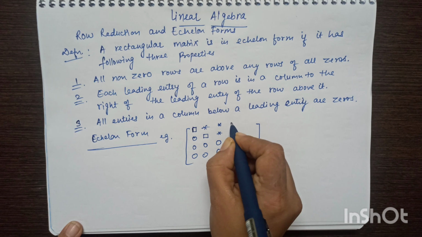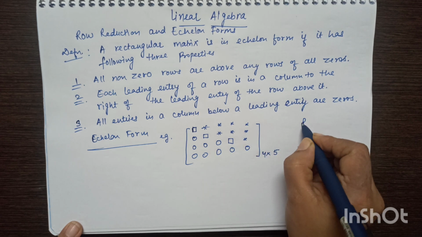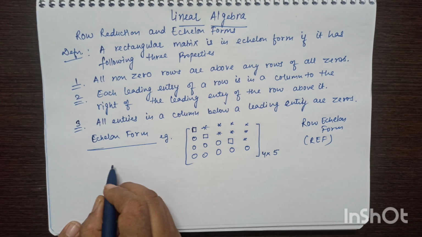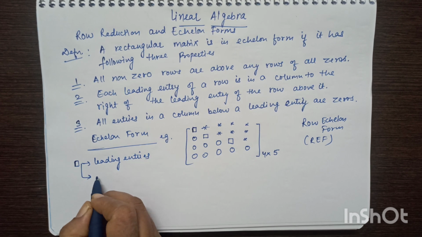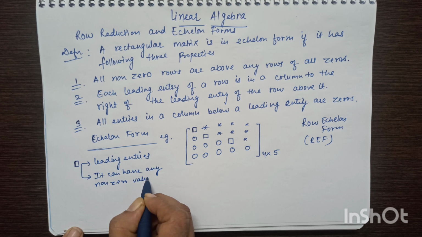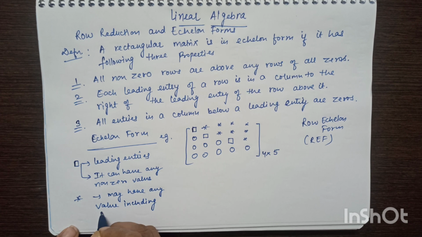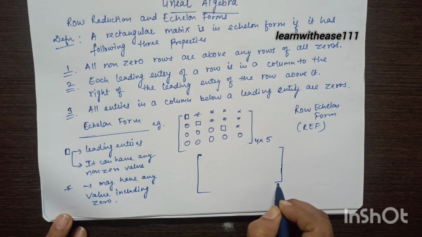Star is the element which can take any value, including 0 or non-zero. We don't worry about the star entries. We are worried only about the square entries, which are the leading entries, and elements below them should be 0. This is row Echelon form, in short REF.